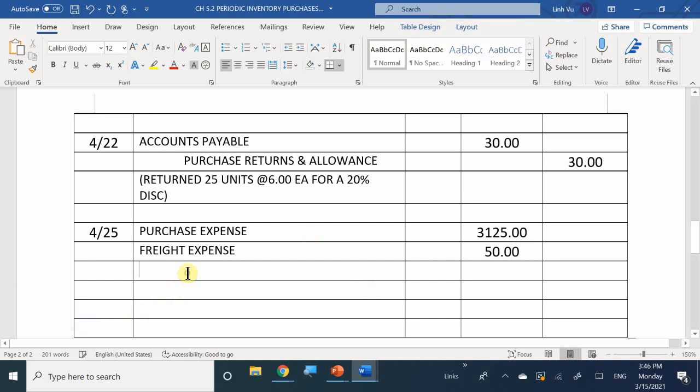And then the last thing that we have here is accounts payable for $3,175, right? And the last thing that we're going to do is top it off with purchases. Excellent. So there you go.